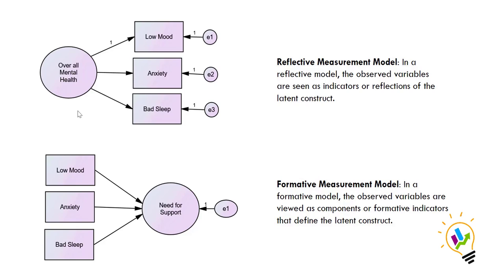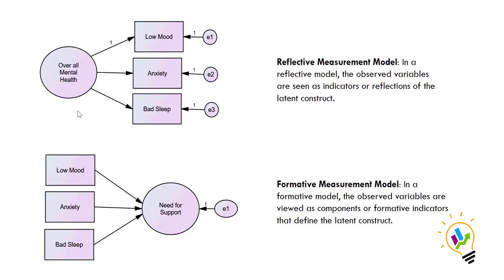Coming to the formative measurement model, the observed variables are viewed as components or formative indicators that define the latent construct. It is low mood, anxiety, bad sleep. These are observed variables which are impacting the unobserved variable, that is, need for support.